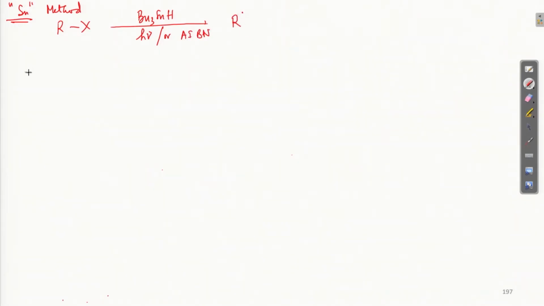Before we go on to that, again I remind you of the mechanism of this reaction.